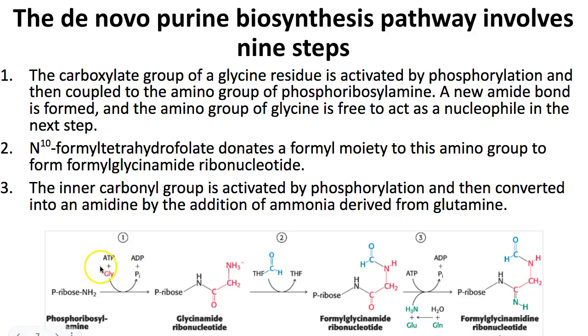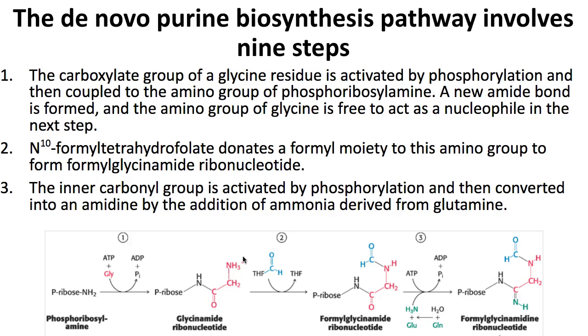So once again, you have phosphorylation that's happening right here, and you have a nucleophile that is displacing that phosphoryl group, and now you have this new attachment from the glycine residue. And so that is the first step.